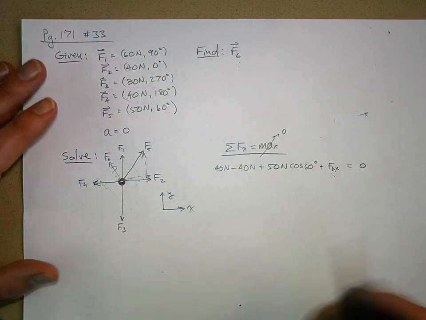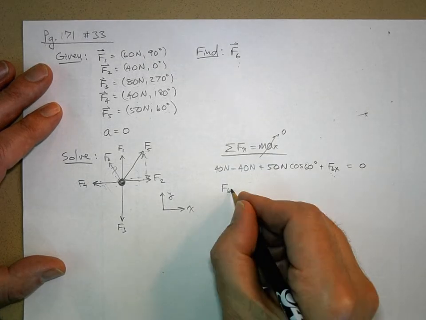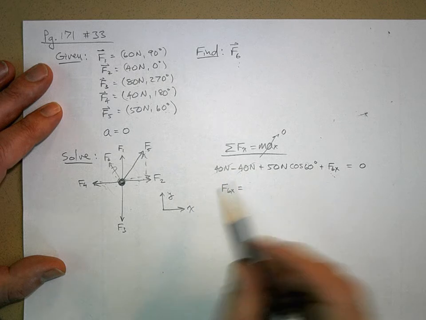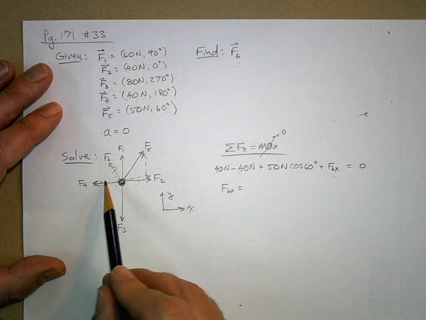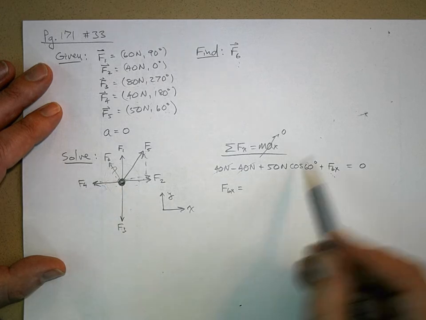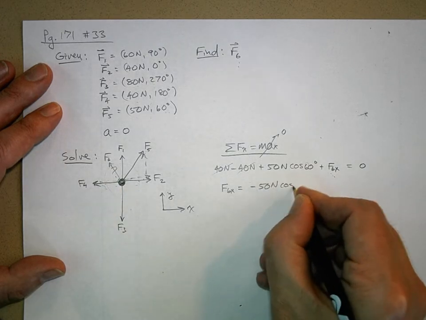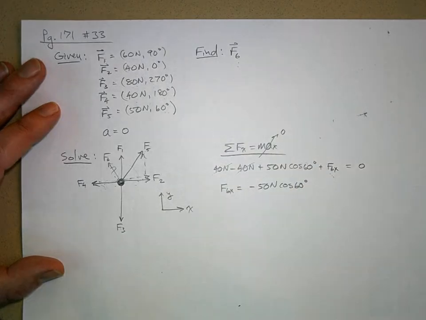And actually, I can go ahead and do this. F6 in the x is really equal to, well, these two are going to go away. And I do know it's going to be in the negative x direction, right? Because this is going to be over here, minus 50 newtons times the cosine of 60 degrees. What is the cosine of 60 degrees? You should know that.